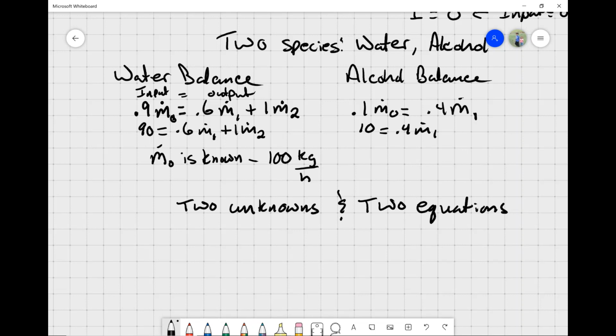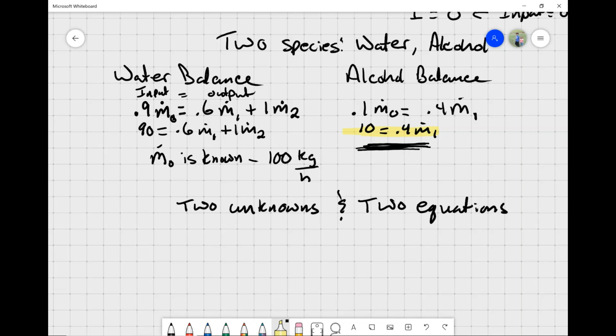And we can do some substitution. This one is the easiest to solve for, so we can solve for M1 first. And so 10 divided by 0.4, I believe, is 25. Sure enough, it was 25.